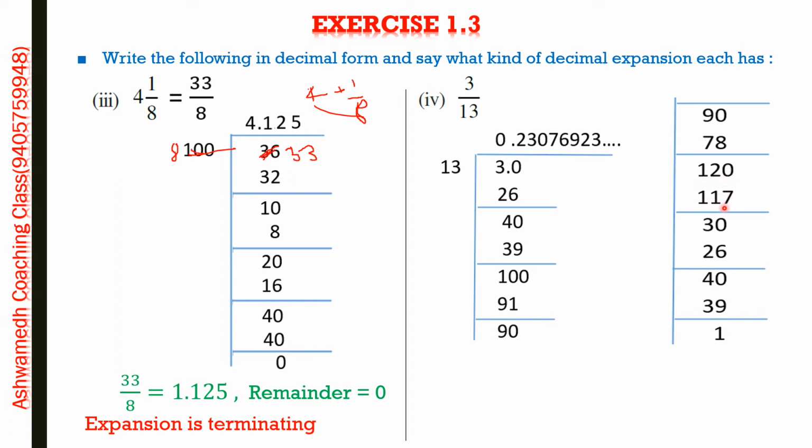Now 117 is the nearest number to 120, so 13 into 9 is 117.